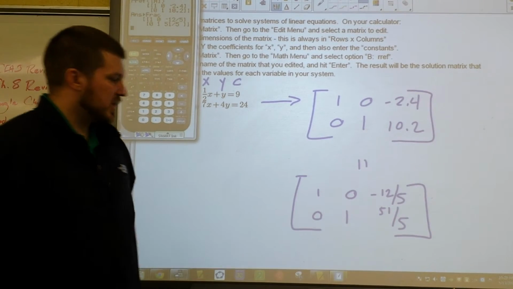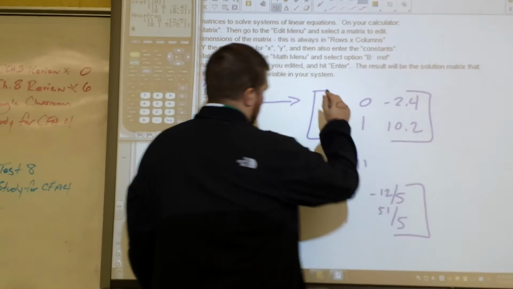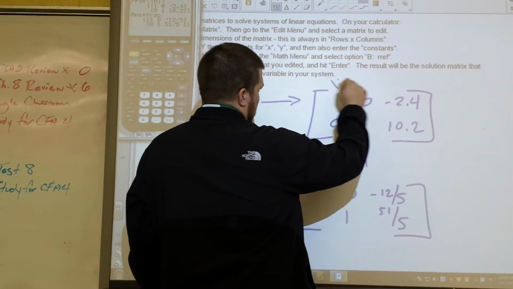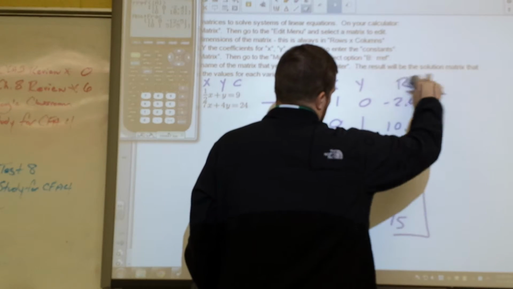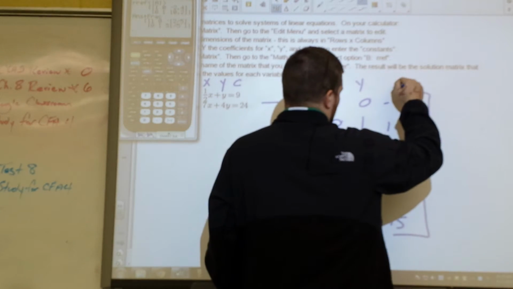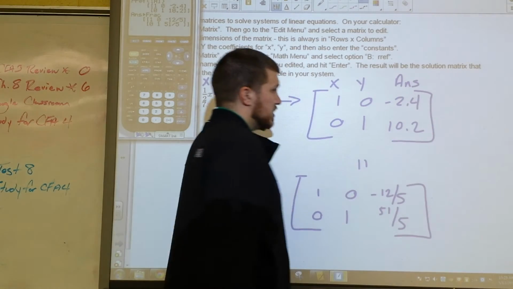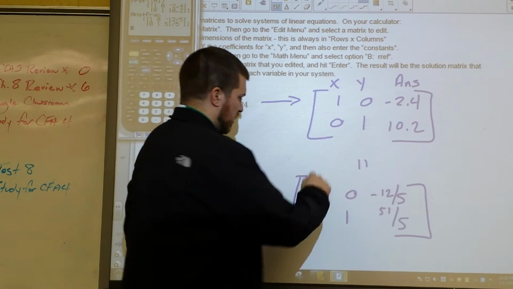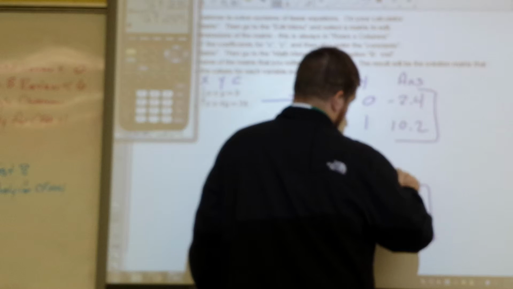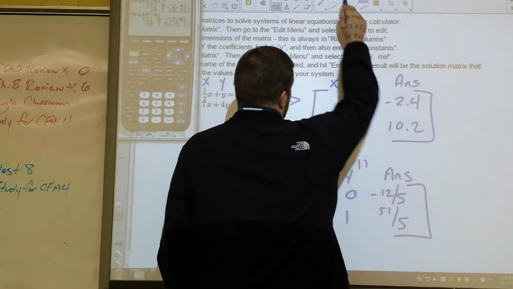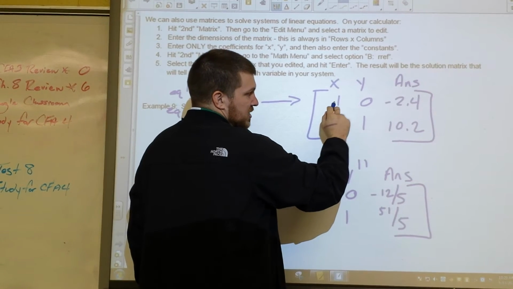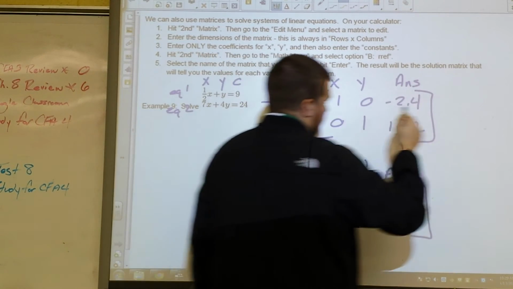Now, remember, in our matrices, we had x, y, and the regular number, or our constant. I'm going to call it our answer. So this is our answer matrix. Same thing: x, y, and this is our answer. What this tells us is that 1x is equal to negative 2.4.